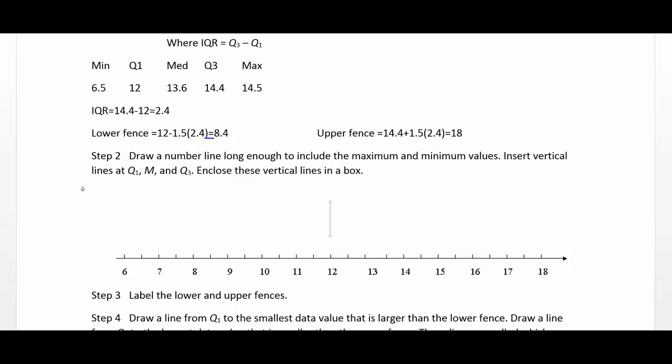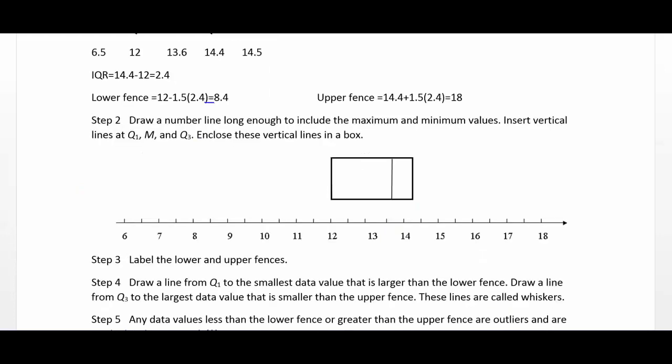And we'll do the same thing for the median, so 13.6. Okay, and then the Q3, which is 14.4. Put another vertical line. And then we're going to draw a box around that particular shape. Okay, so our box looks about like that when we connect the vertical lines.